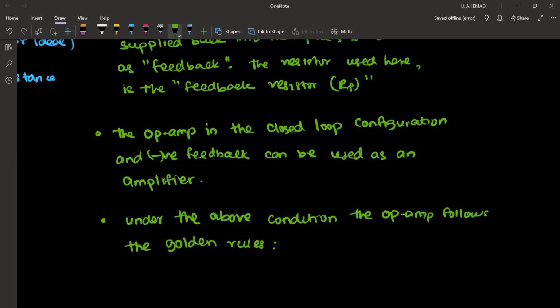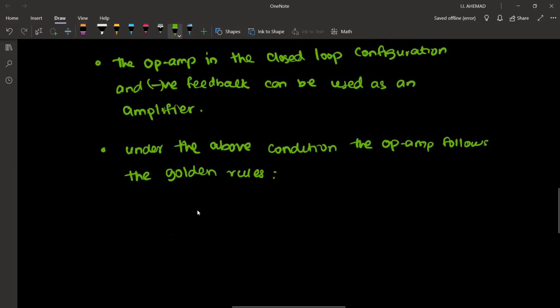What are the golden rules? So golden rules mean if the op amp is in closed loop and negative feedback, we have two special rules. Those two special rules, we call them the golden rules.